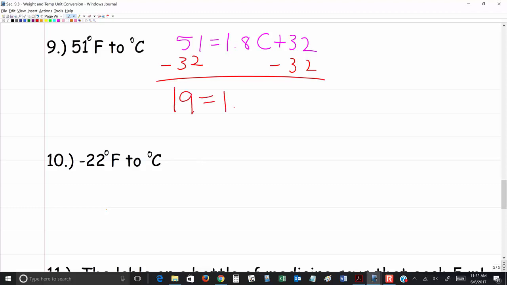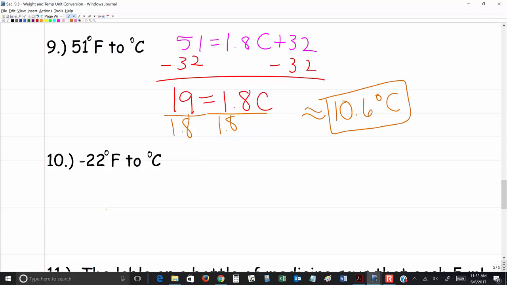So 19 equals 1.8 C, and then divide both sides by 1.8. That is approximately 10.6 degrees Celsius. All right, any questions about that?